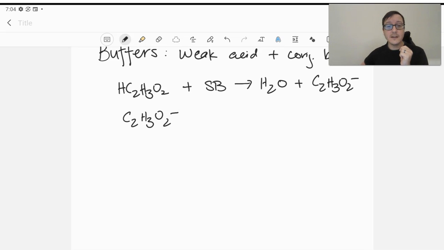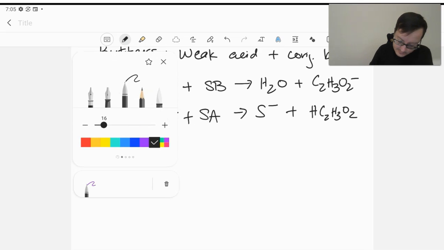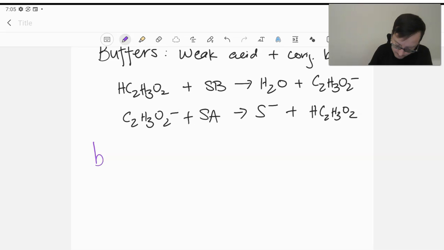On the other hand, if we take the acetate part of the solution and react it with a strong acid, we're going to make a weak acid: we'll make our acetic acid. So buffers resist pH change.